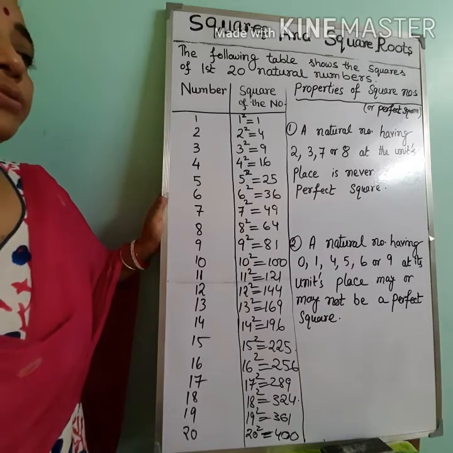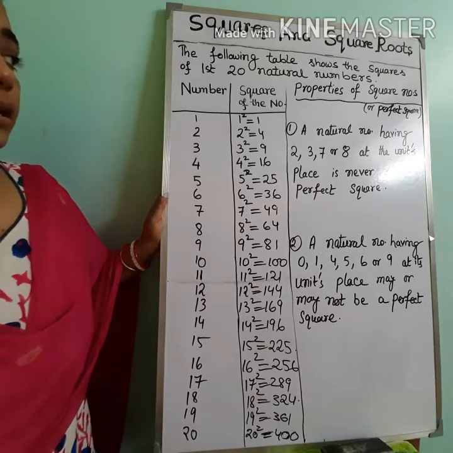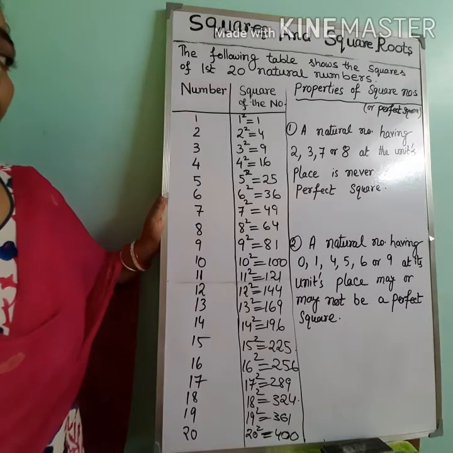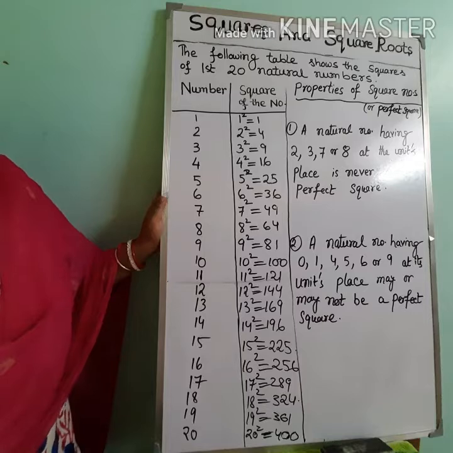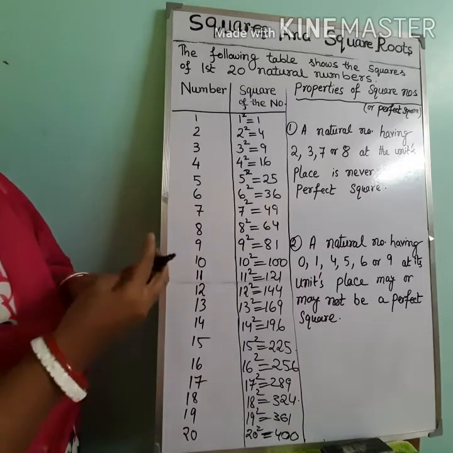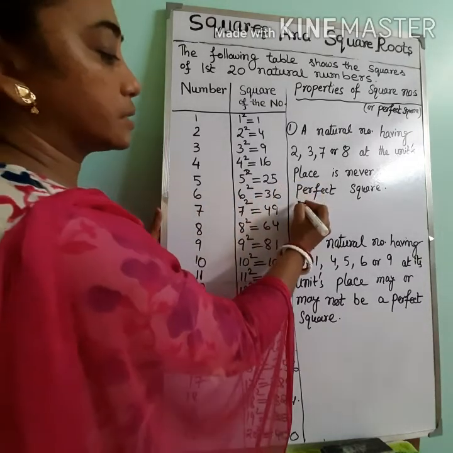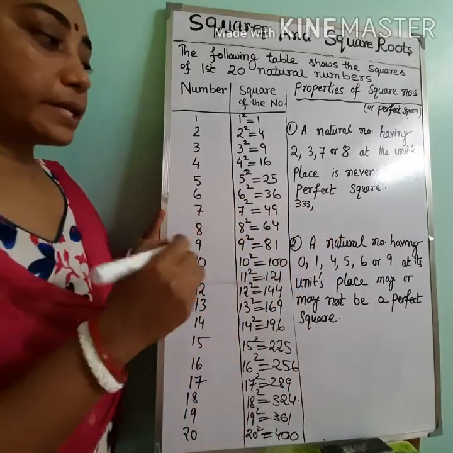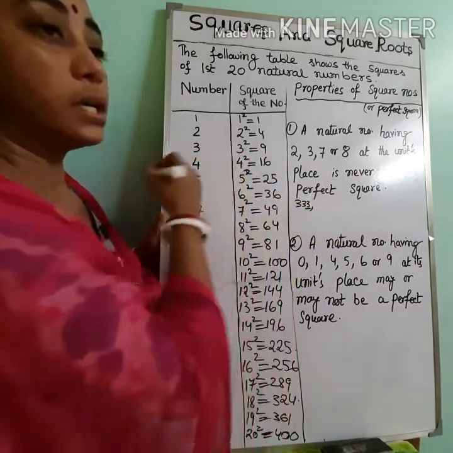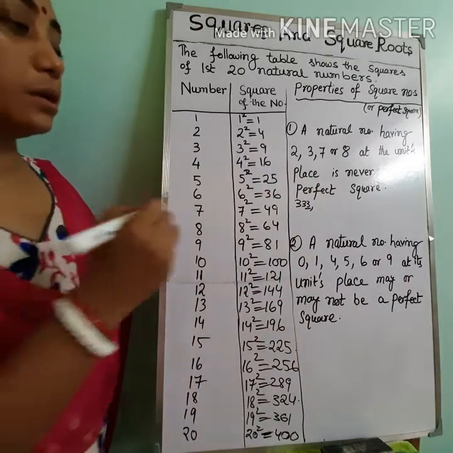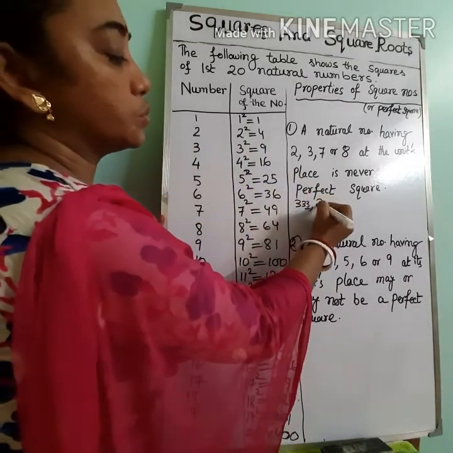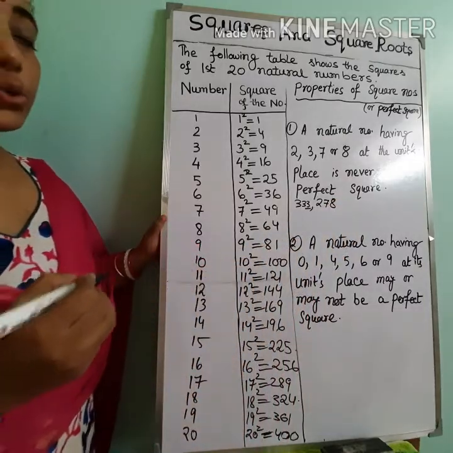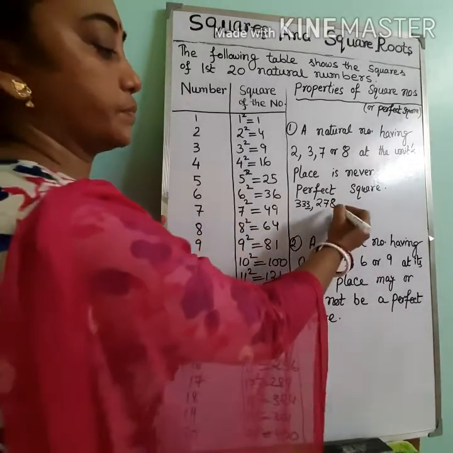With this property we can easily say whether a given number is a perfect square or not. For example, if I write 333, as the unit place digit is 3, it is not a perfect square. If I write 278, as the unit place is 8, it is not a perfect square.